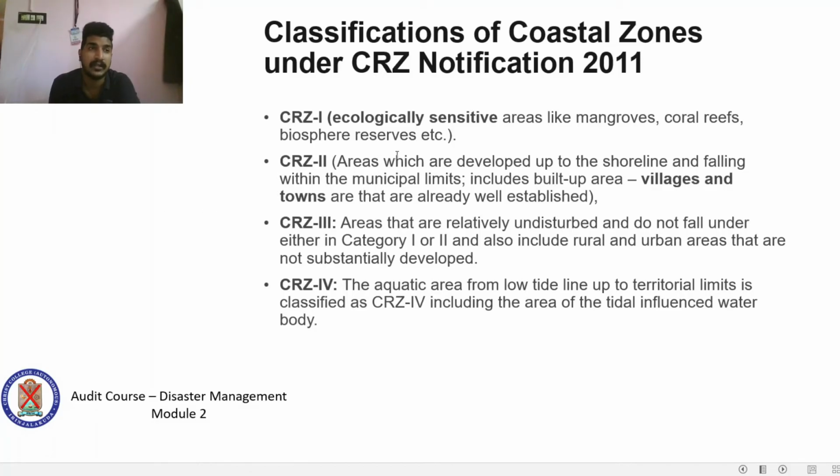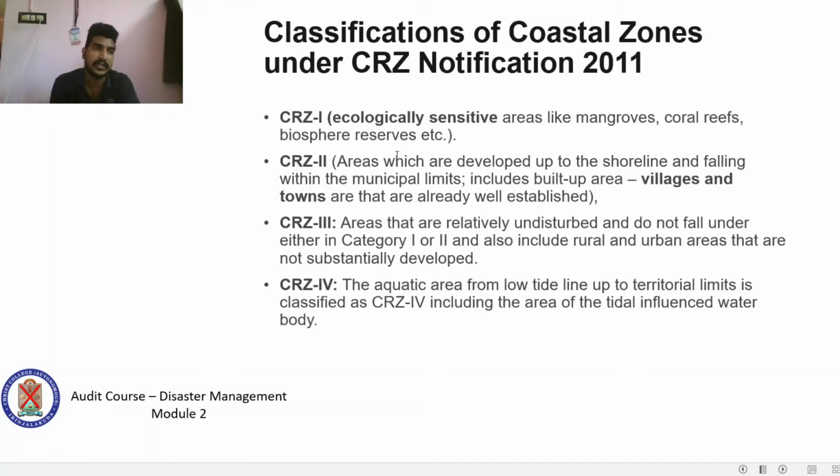In coastal regulation zone 1, no new construction shall be permitted, except projects related to the Department of Atomic Energy, or construction of trans-harbour sea links and roads without affecting the tidal flow of water.